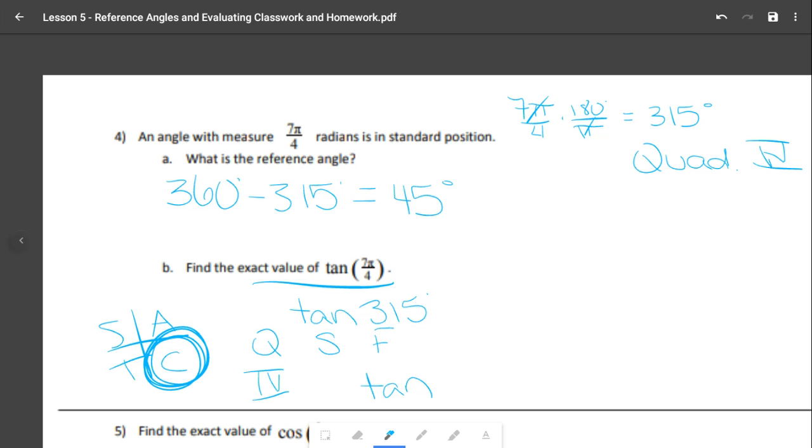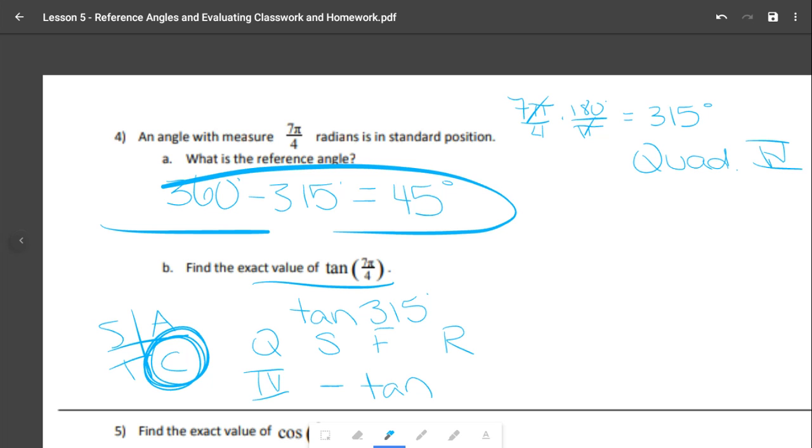Only cosine is positive, so tangent is negative. Our reference angle, well, we did that up in part A. We got 45. So tangent 315 is the same thing as negative tangent of 45. So from your chart, tangent 45 is 1, and we're going to throw the negative on it, so negative 1.